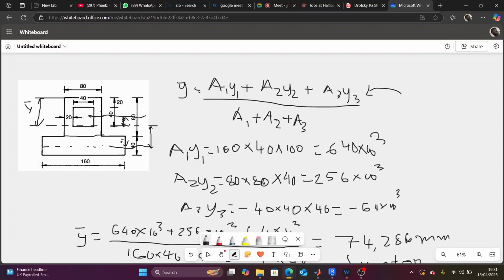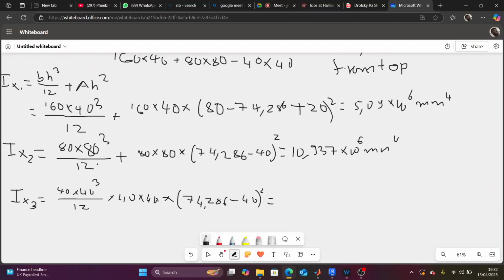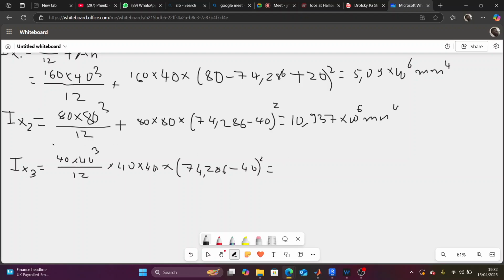Oh, the problem on the first one, we subtracted. Okay, no, I see what you are saying. Do you see it now? Yeah, it has to be minus because that thing is subtracted. Thank you for reminding me.